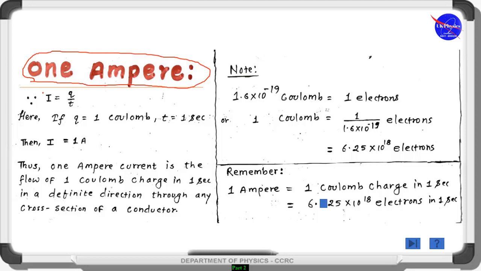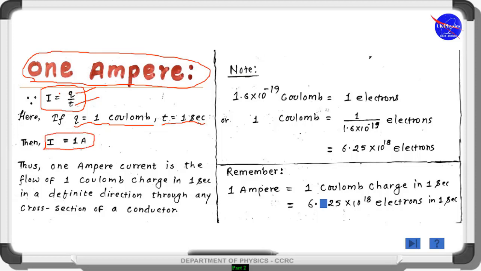We have a simple expression for electric current: I equals Q by T. Here Q means charge and T means time. So current is the time rate of flow of charge. If we put charge Q as 1 coulomb and time T as 1 second, then we finally get current as 1 ampere.